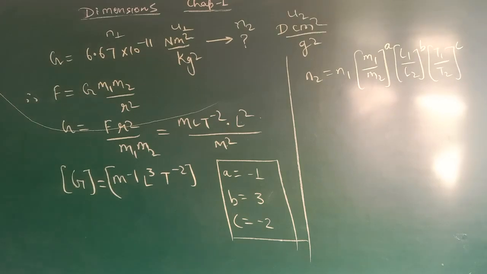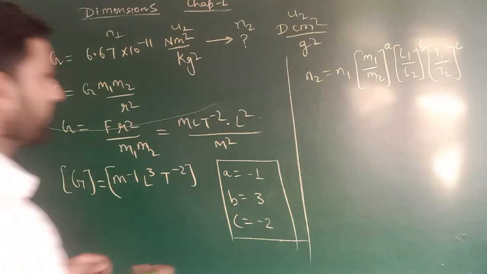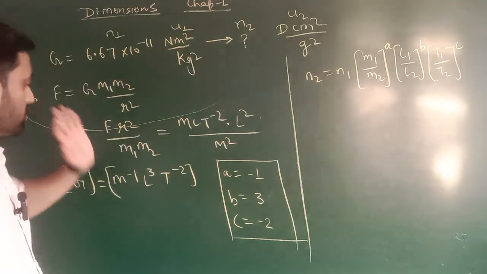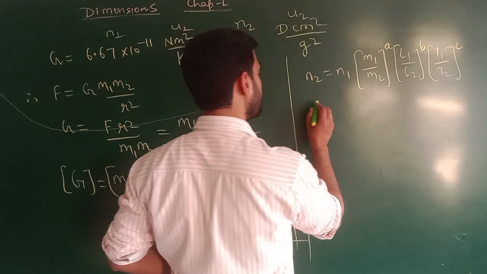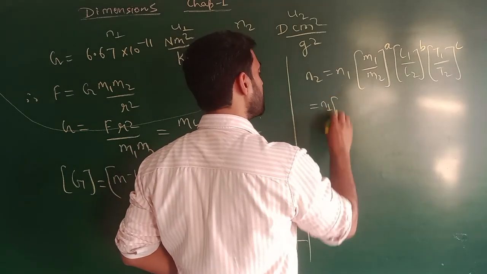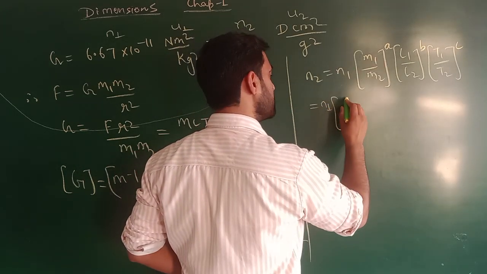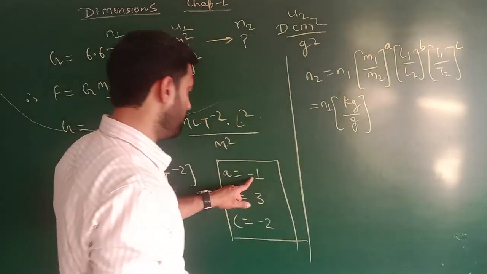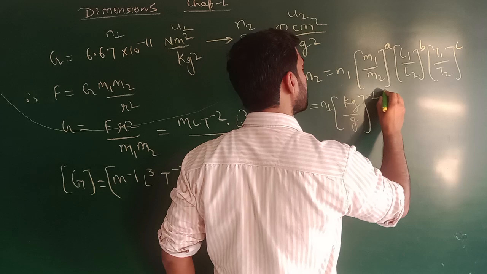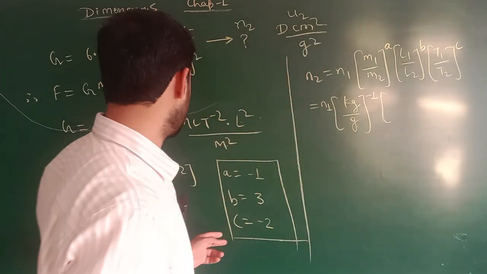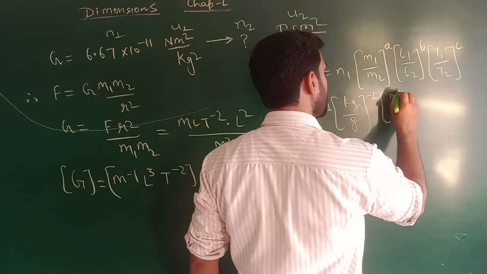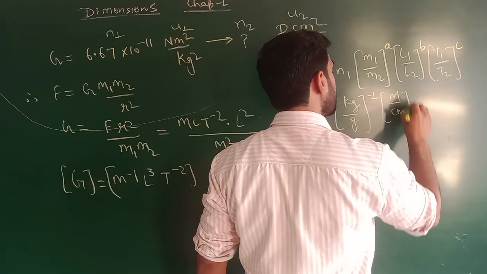Is it visible? Yes. I am not writing the value of N1 again as it is really very big, so I am just using N1. Mass means kg. What is the value of A? Minus 1. Substitute the values very carefully, otherwise your answer would be wrong. L1 means meter, centimeter.